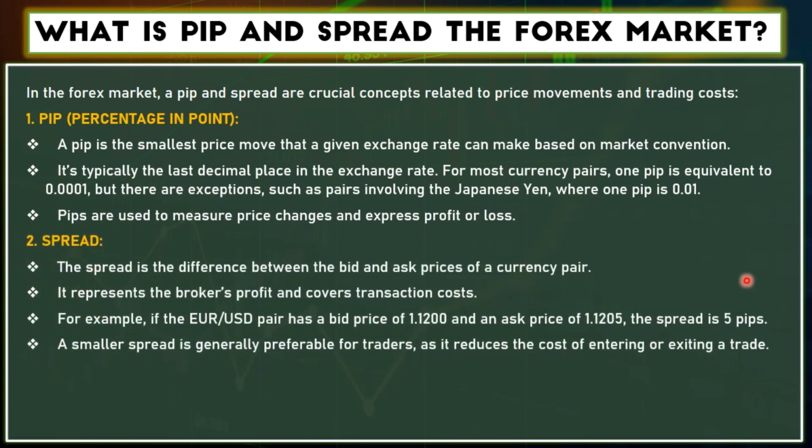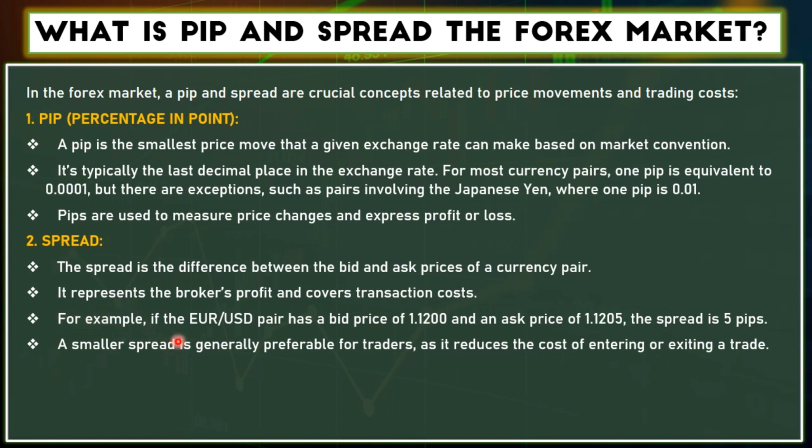Talking about the spread, which I also explained earlier, the spread is the difference between the bid and ask price. It represents the broker's profit and covers transaction costs. Let's look at an example.